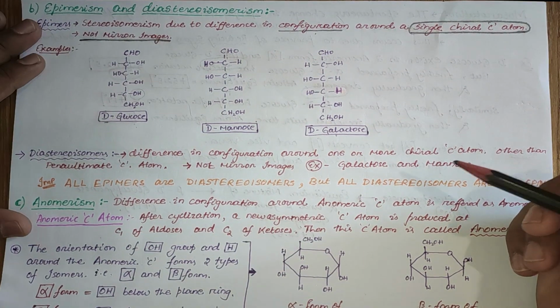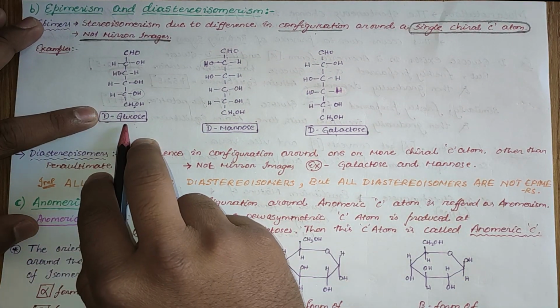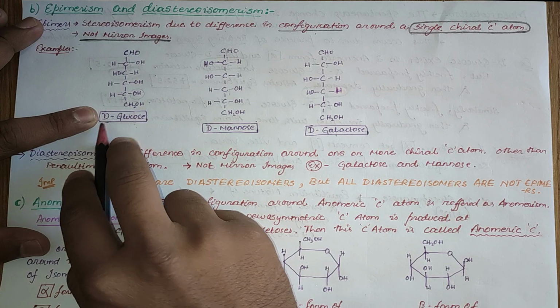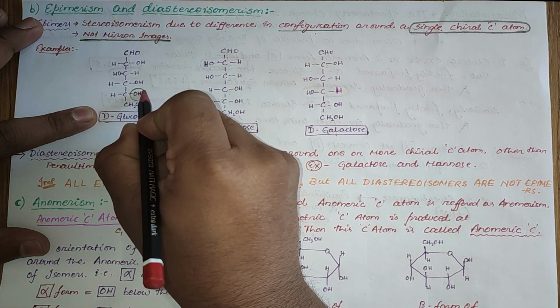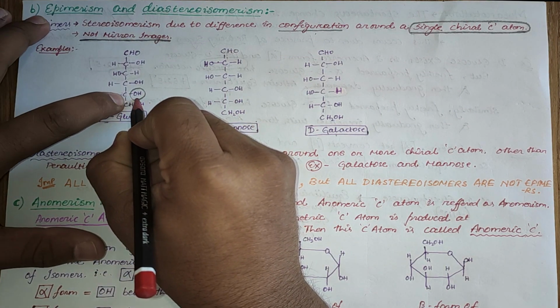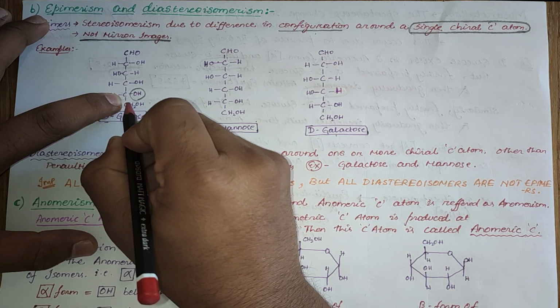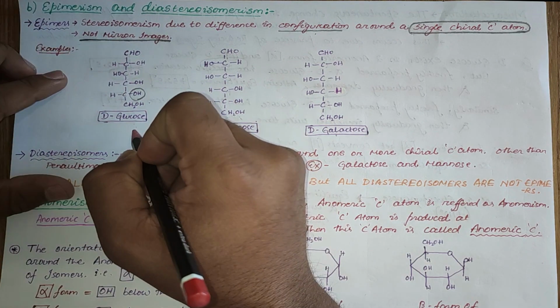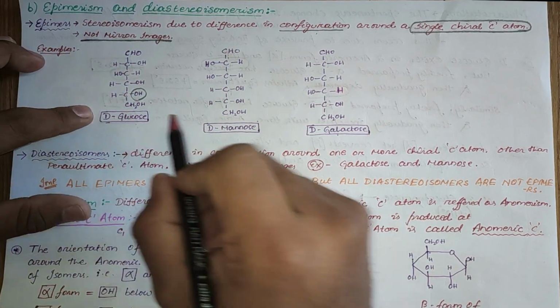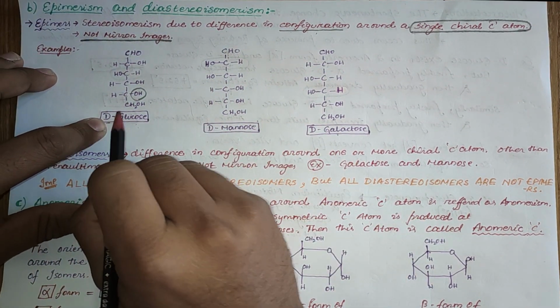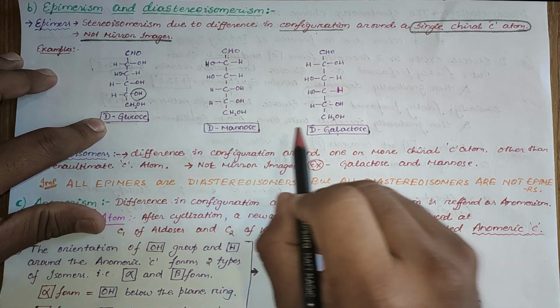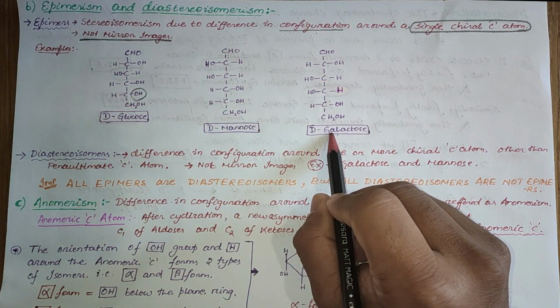This is the example of D-glucose. D here means the OH is present on the right side of the penultimate carbon atom. Penultimate means the fifth carbon atom of glucose. So from glucose, you can remember the epimers D-mannose and D-galactose.